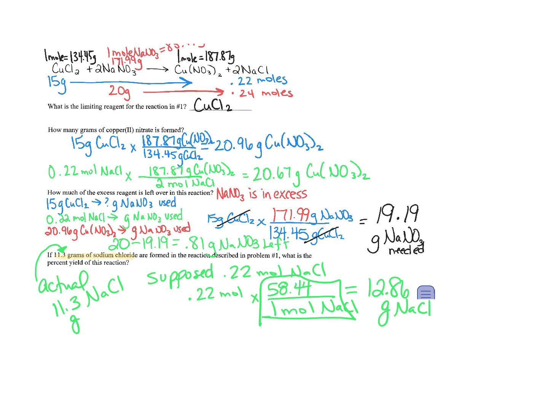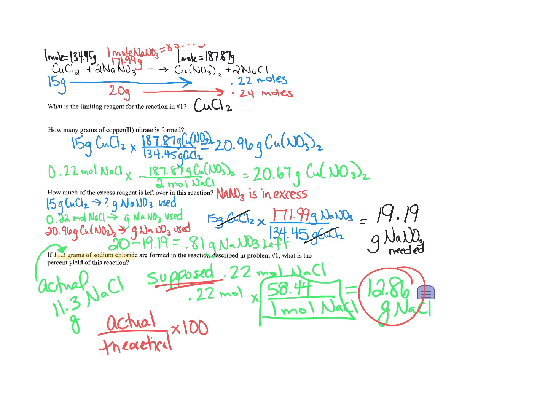When I want to find the percentage yield, I take my actual amount that I got and divide it by my theoretical, which is how much I was supposed to get, which would have been 12.86 grams. Then I convert it into a percentage by multiplying by 100.